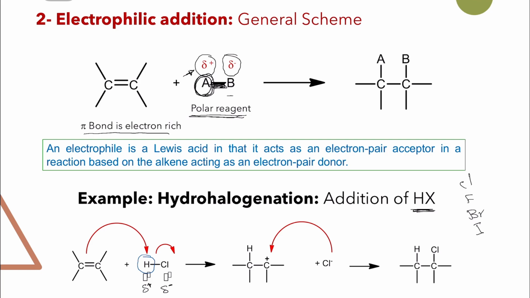To draw a mechanism for how this kind of reaction proceeds, we usually use these arrows, the ones in red. The arrow always denotes the movement of electrons, so we always start from the electrons toward the electrophile.